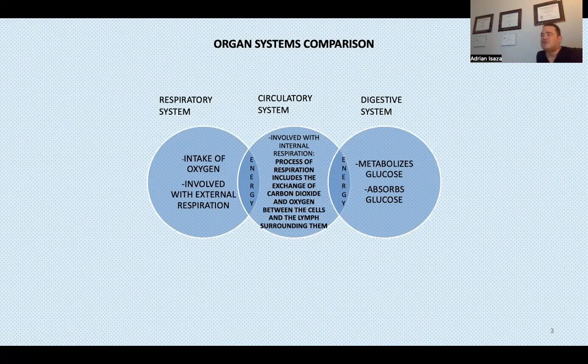So I think the word exchange belongs more to internal, right? Although you are breathing in O2 and breathing out CO2, to avoid confusion, exchange means delivering oxygen to a tissue and then transporting CO2, which is waste, back to the lungs. That is internal respiration.